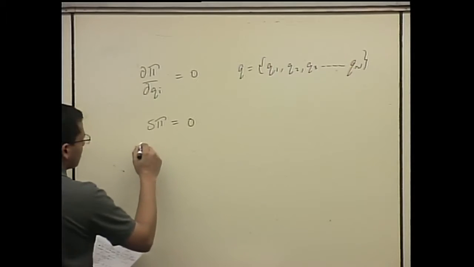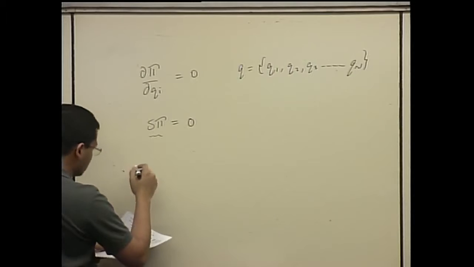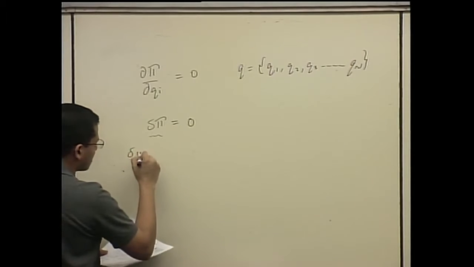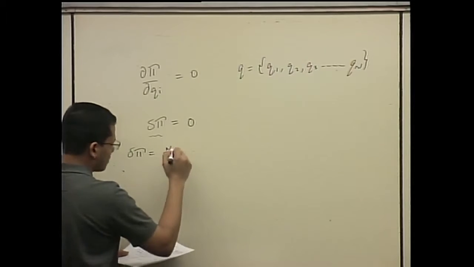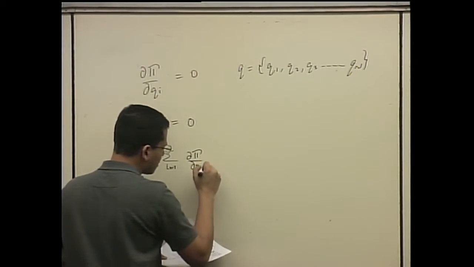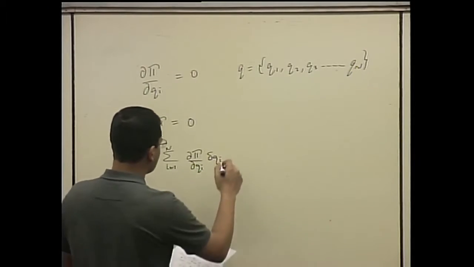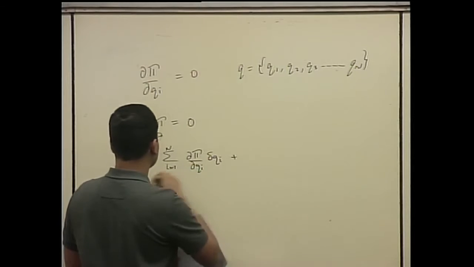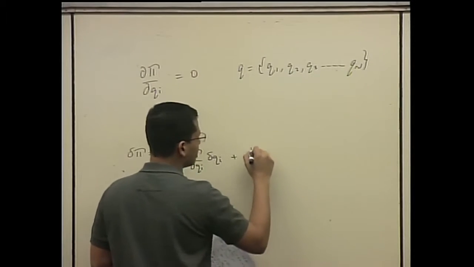So we can write the total variation of potential energy in terms of, and then we can apply the Taylor series expansion of this variation.